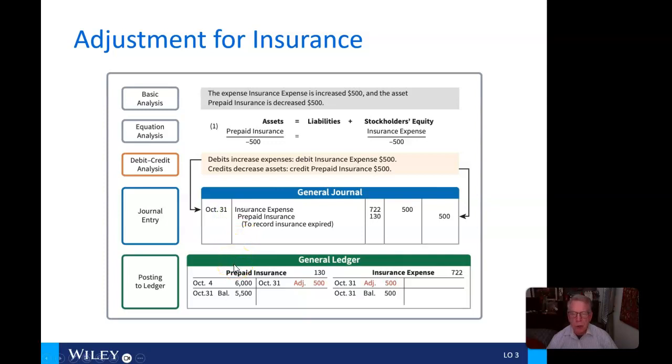And then that shows nicely on the general ledger as an adjusting entry. You can see that prepaid insurance balance has now gone down on the balance sheet. And we've increased our insurance expense, of course, on the income statement.